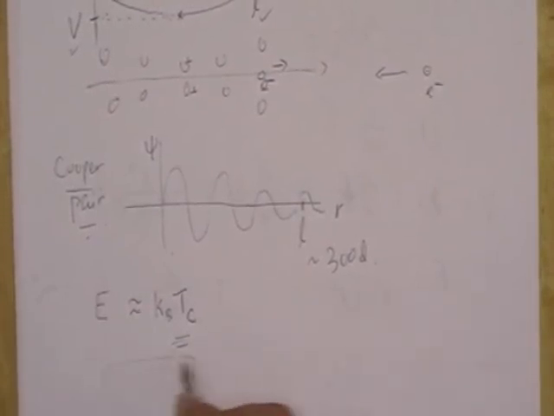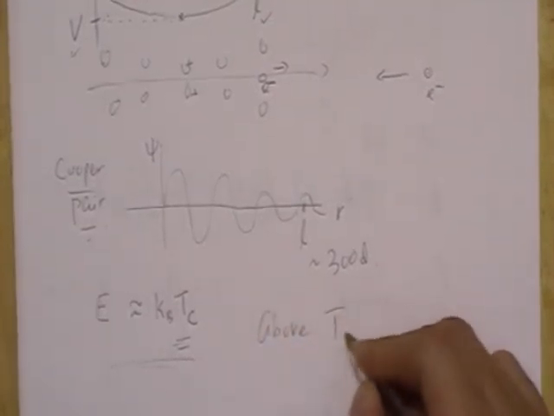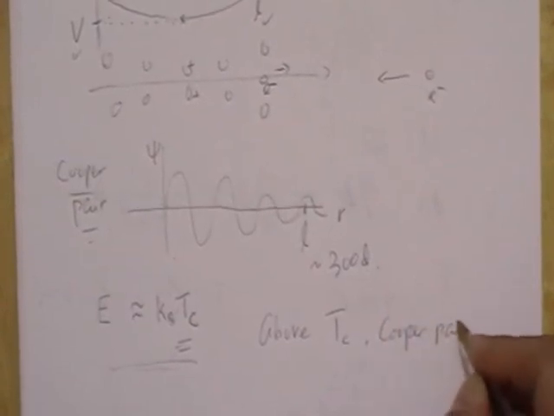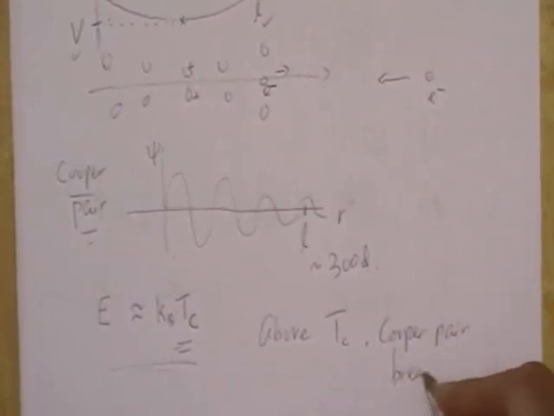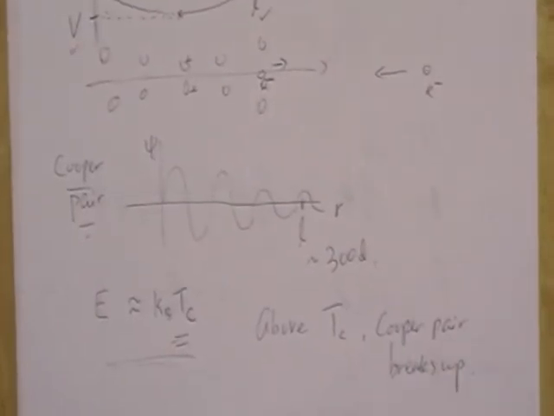So what this result suggests is that above Tc, the Cooper pair breaks up. Okay, so that's fair enough.